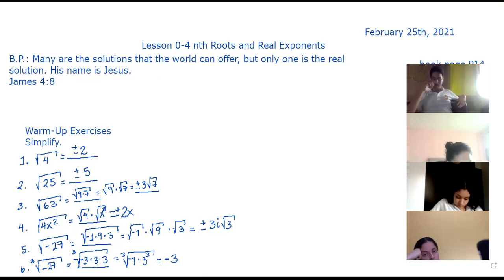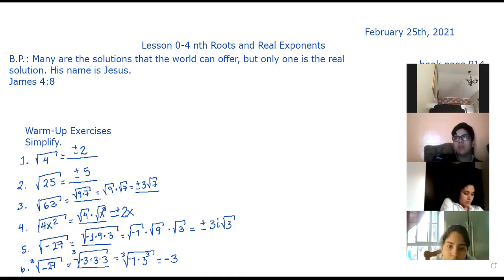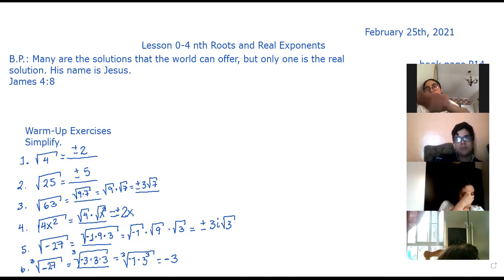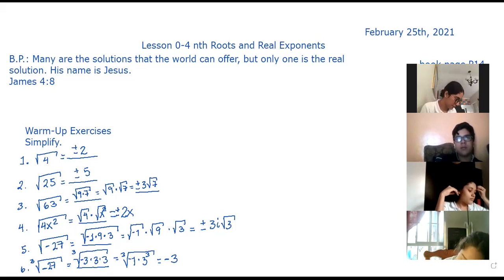For example, 4 is a square root of 16 because 4 times 4, or 4 squared, is equal to 16. In general, if a and b are real numbers and n is a positive integer greater than 1, if b to the n equals a, then b is an nth root of a.